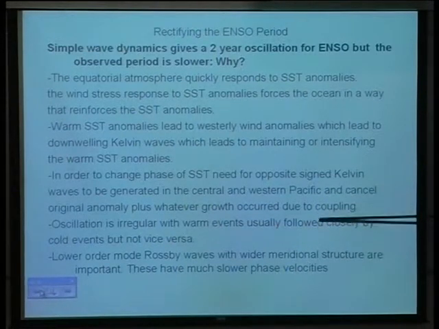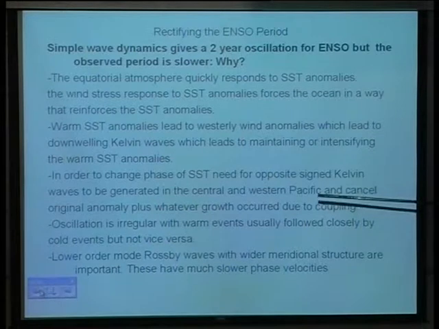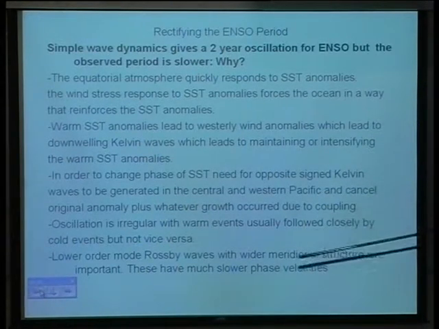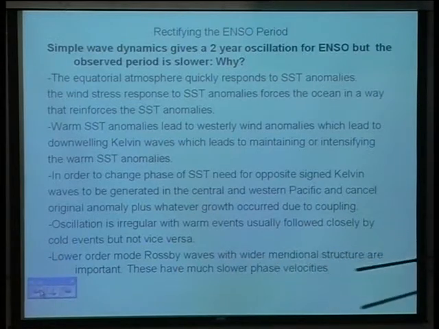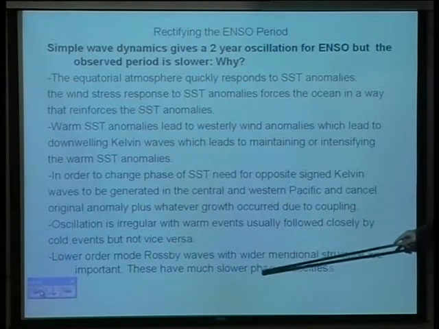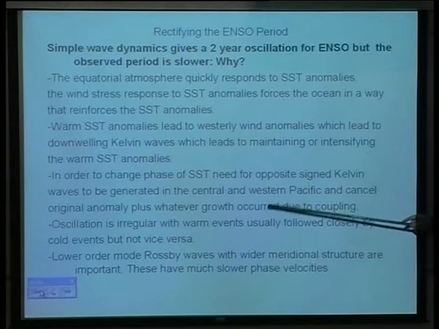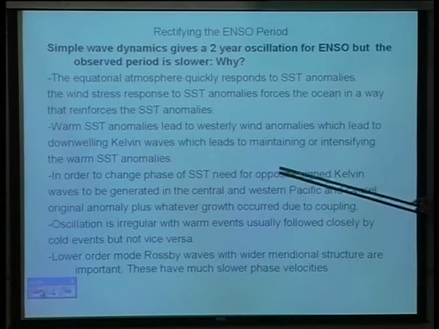So if there's an El Nino, you're almost guaranteed that there'll be a La Nina that follows it. If there's a La Nina, it'll usually just fizzle out, or it'll come into a second weaker La Nina. And again, this comes back to the earlier argument. The lower order Rossby modes with a wider meridional structure are significantly slower, and that changes how quickly you get the reflection at the western boundary.